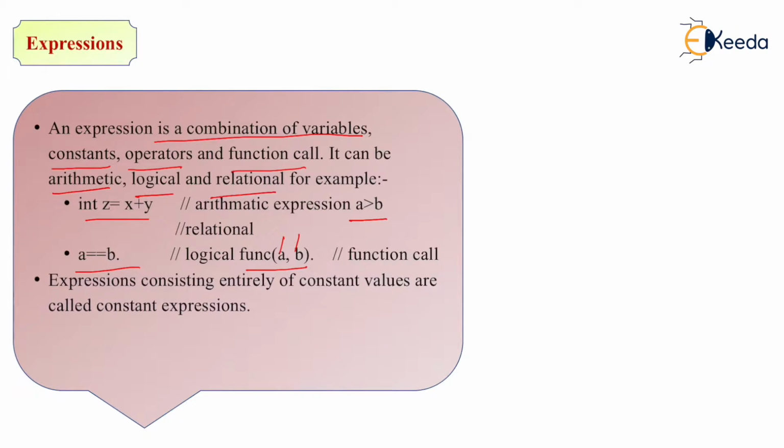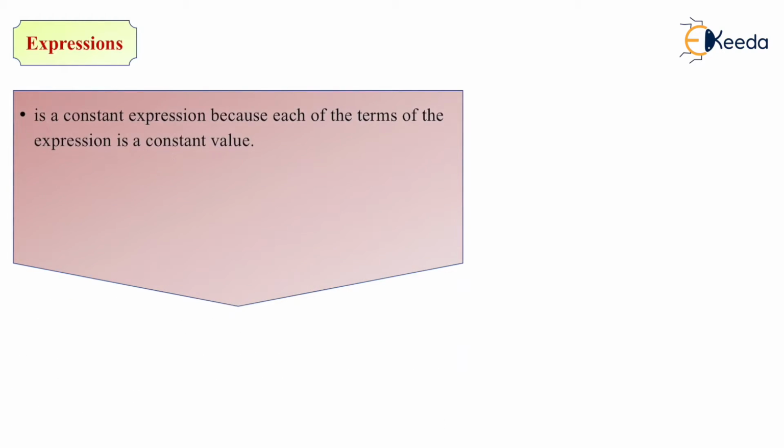An expression consisting entirely of constant values is called a constant expression. So the expression 121 plus 17 minus 110 is a constant expression because each of the terms of the expression is a constant value.